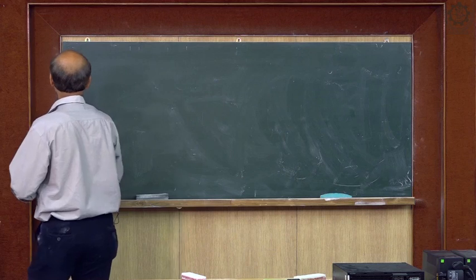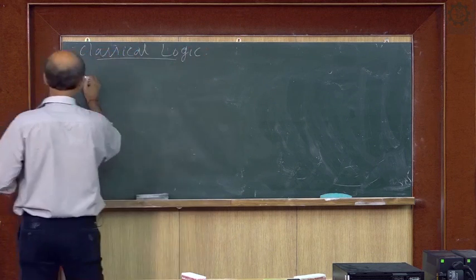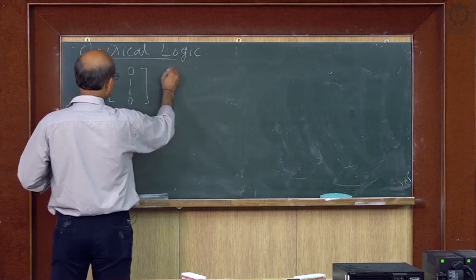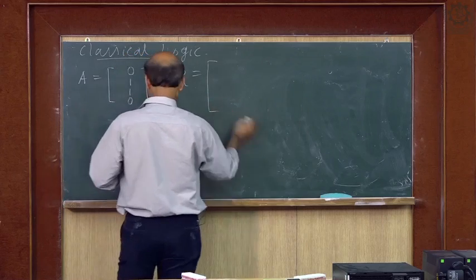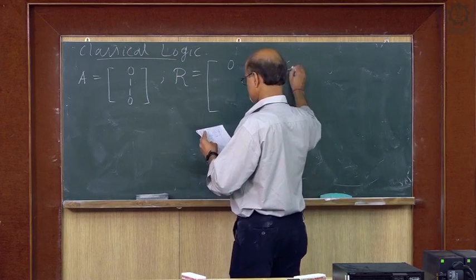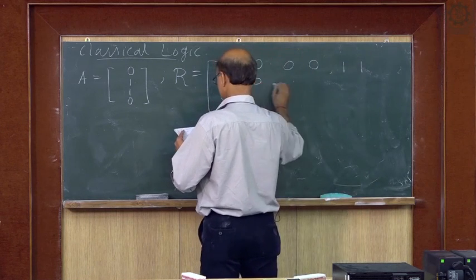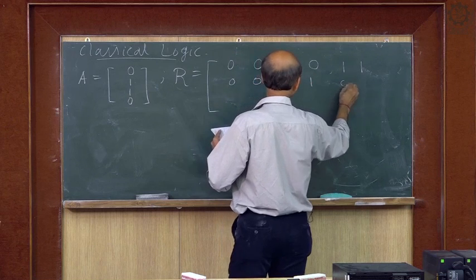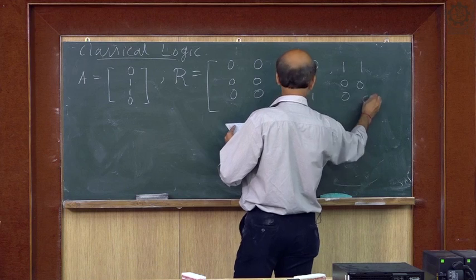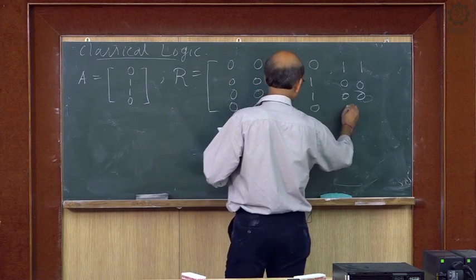For classical logic, that example also I did. Now, this is for classical logic, A as 0, 1, 1, 0, and if you remember in your notes you can see R was 0, 0, 0, 0, 1, 1, 0, 0, 1, 1, 0, 0, 0, 0, 1, 1, 0, 0, 0, 0, 0, 0, 1, 1.